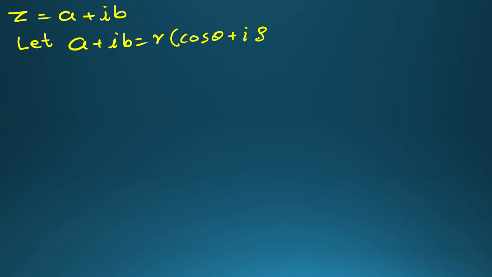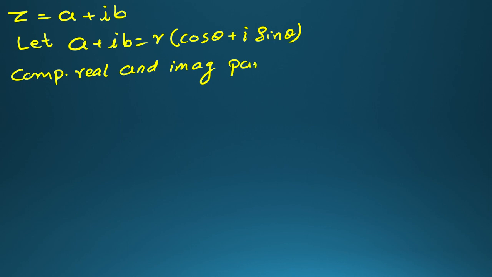After that, comparing real and imaginary parts on both sides, what will you get here? You will get r cos theta is equal to a, because the real part means without i: on the left hand side without i you have a, and on the right hand side without i you have r cos theta.